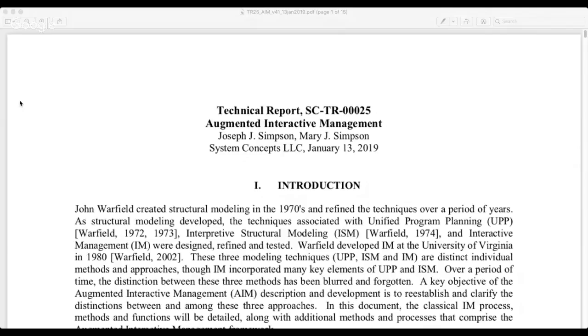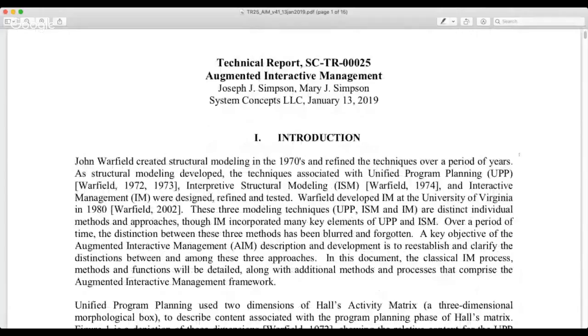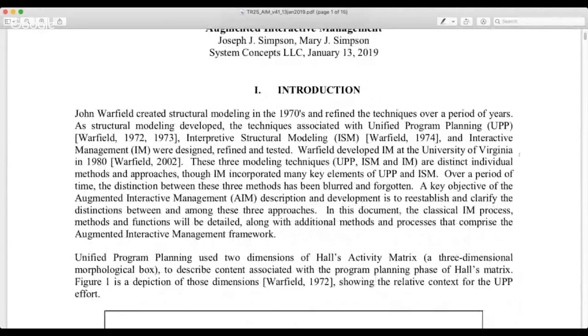Okay, so today we're talking about and defining at a little more precise level interactive management and interpretive structural modeling and unified program planning, which these were all developed techniques over the years by John Warfield.